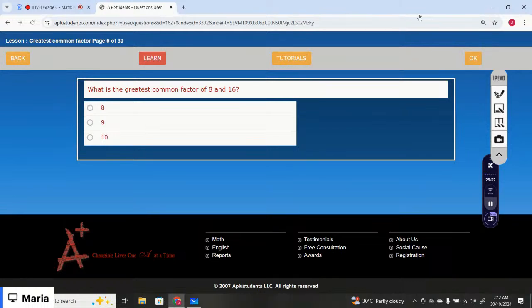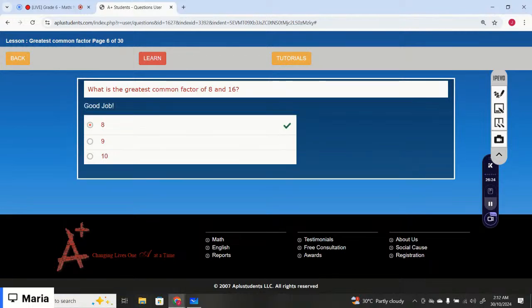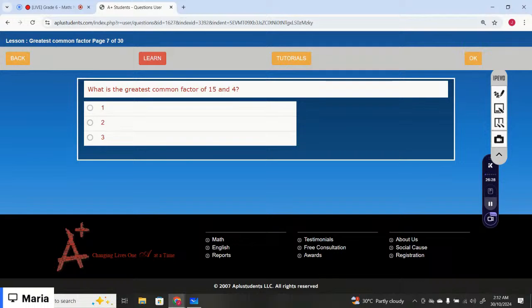Got it? So the correct option is 8. What is the greatest common factor of 15 and 4? Which is the correct option?